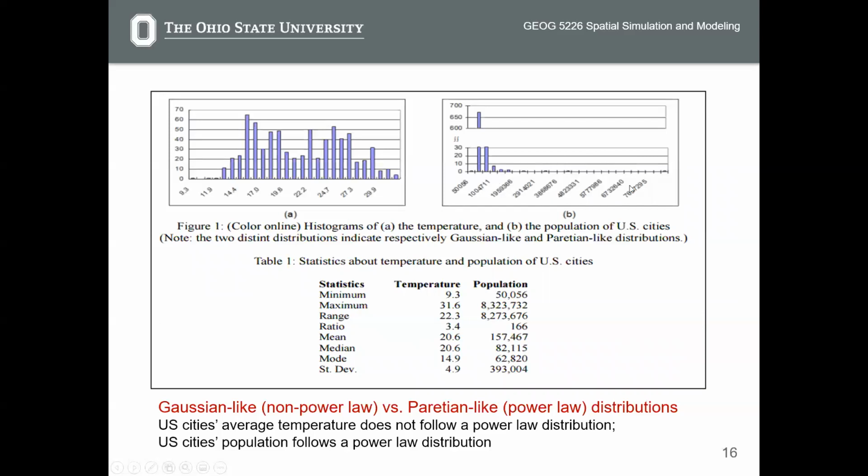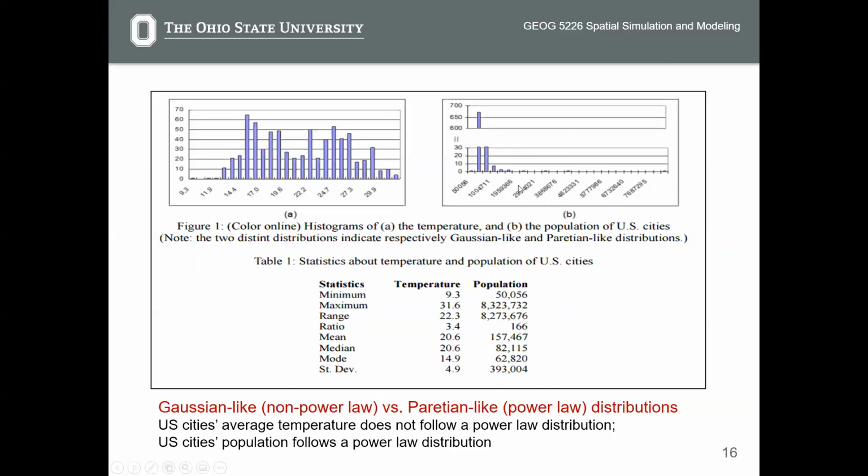On the other hand, some huge cities have 7.6 million population or even more. For example, New York, Los Angeles, Chicago. They are outliers on the far right side of this population axis, which means that if you draw a curve for this plot, this curve will have a very long tail on the right side.